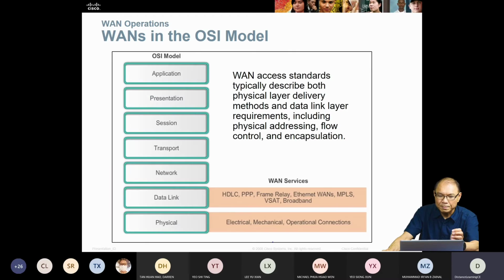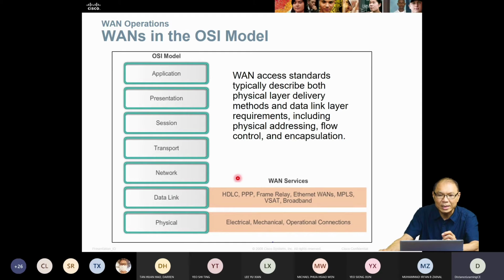Now we want to know where this wide area network is in the scheme of the OSI model. So we know that in network technology, the OSI, the Organization of Standards International, dictates that there are 7 layers when we talk about networking. So where is wide area network sitting in these 7 layers?